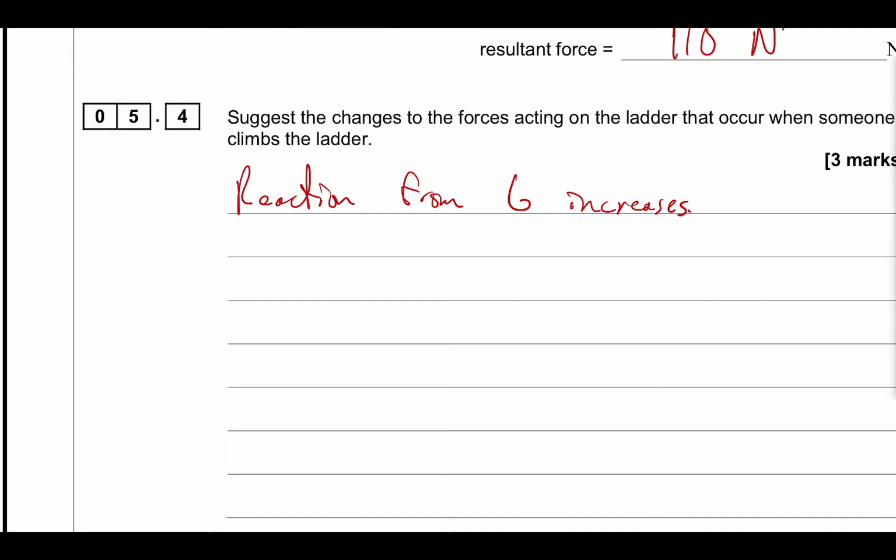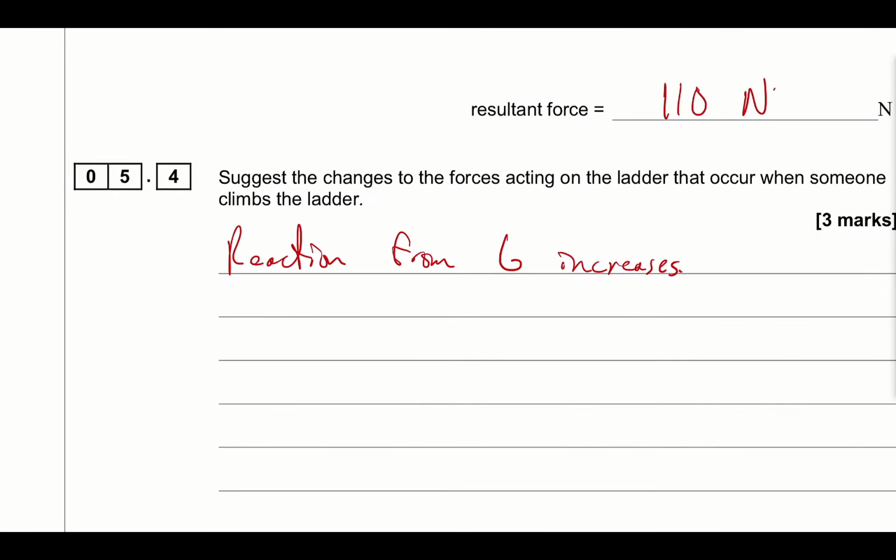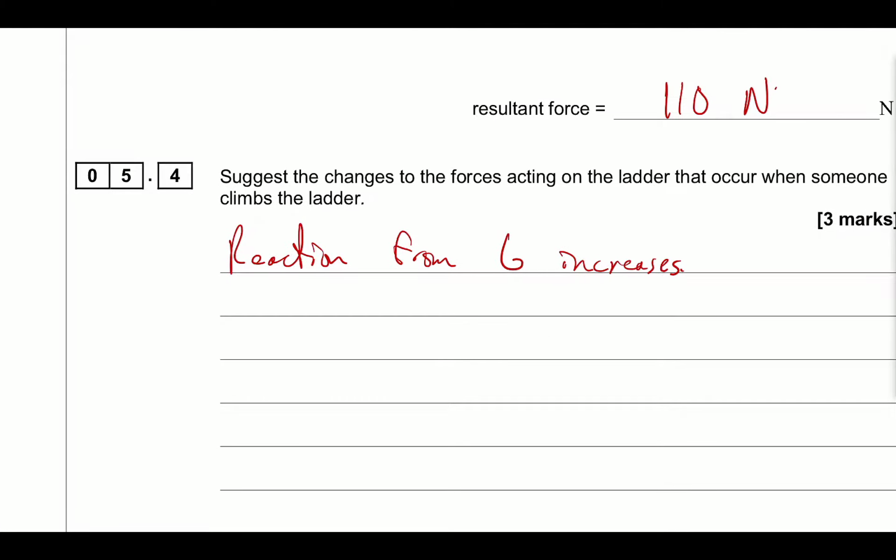The reaction from G increases, and that just makes sense because you now have more weight going down. As he's climbing, the components and the direction of the force change.